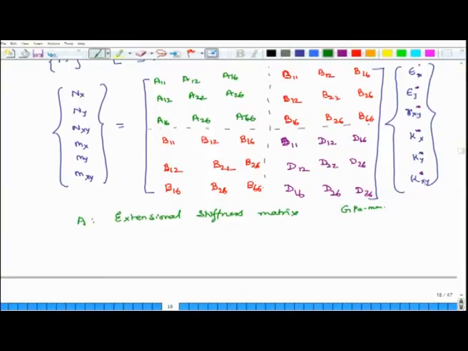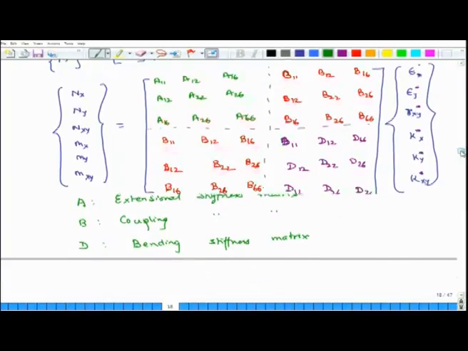The B matrix is called the coupling stiffness matrix, and the D matrix is called the bending stiffness matrix. So, these are the definitions of the A, B and D matrices.